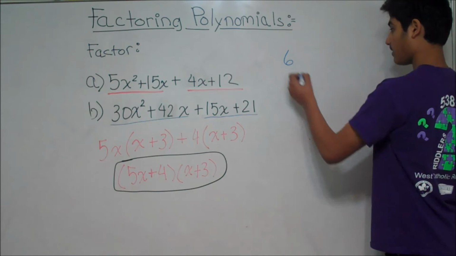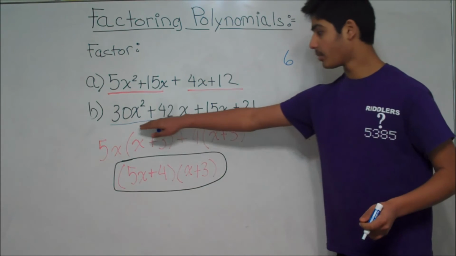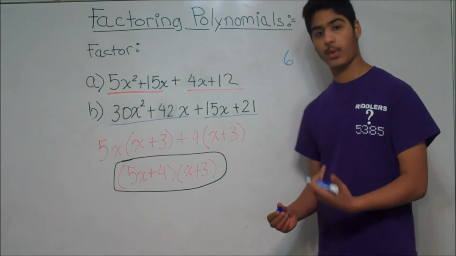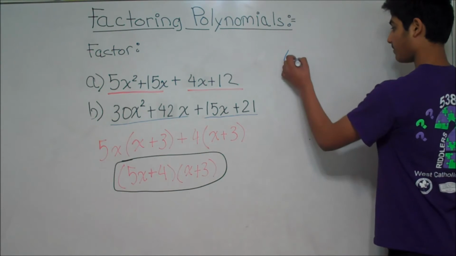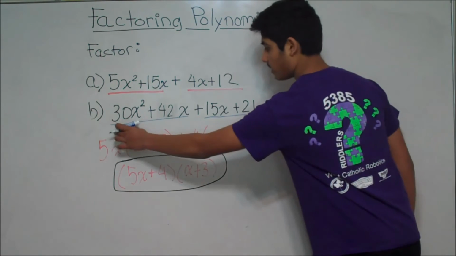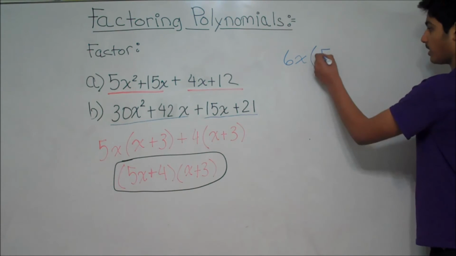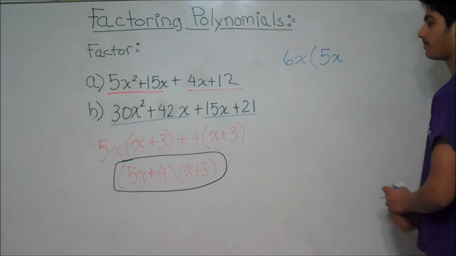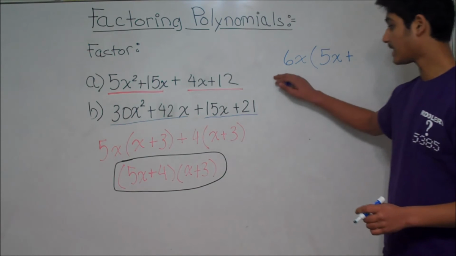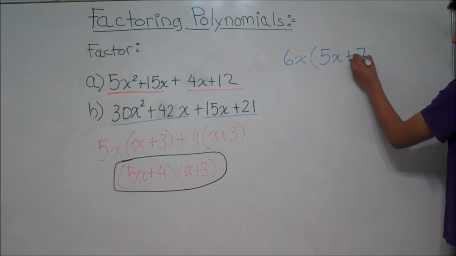What we're left with is x squared and x. The greatest common factor of x squared and x is x. Now we do 30x squared divided by 6x, which is 5x, plus 42x divided by 6x is 7.